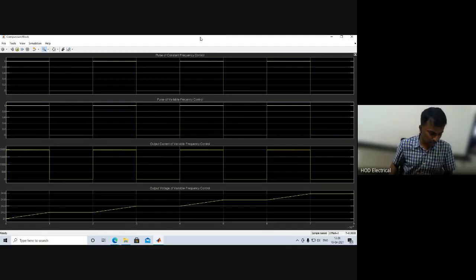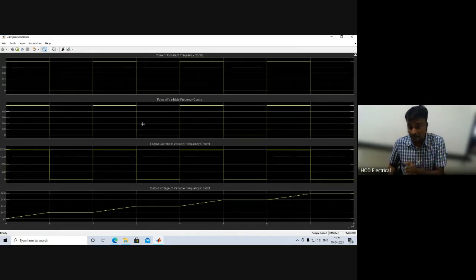So now I want to make the on time constant and increase the off time. How will I increase it? On time constant and off time increasing means this is the switching time, one cycle of switching. I am increasing the time period and reducing the frequency.